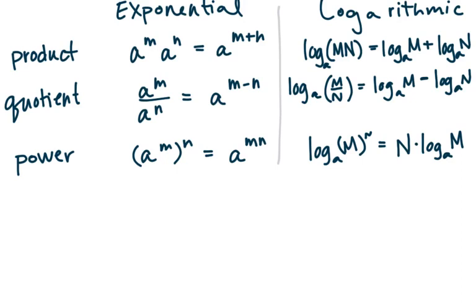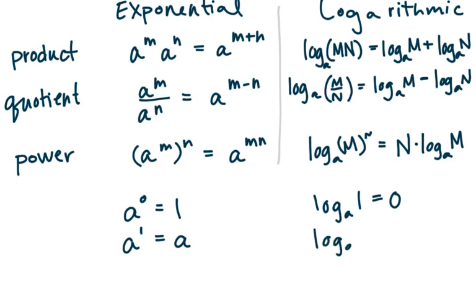Considering exponentials, any base raised to the 0 will always be 1. Any base raised to the first is equal to itself. And that's similar with logarithms. The log base a of 1 would equal 0, and the log base a of itself, when the argument and the base match, is equal to 1.